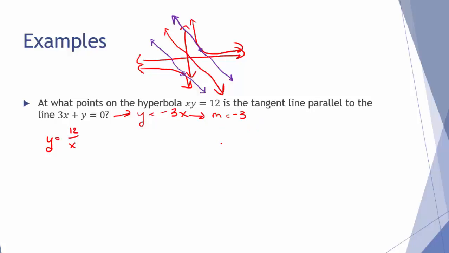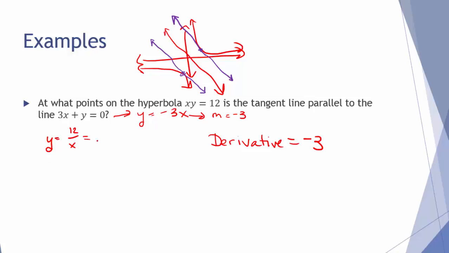So the strategy to answering this question is going to be taking your derivative and finding out where it is equal to negative 3. If you want to know where your derivative is equal to negative 3, set it equal to negative 3.